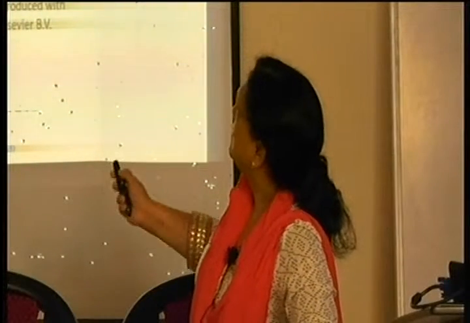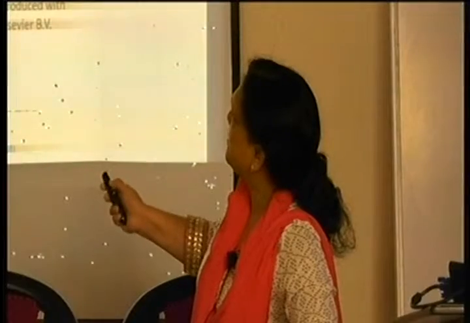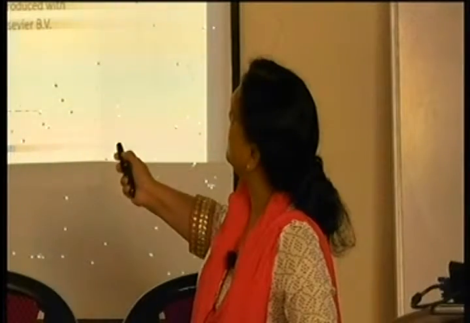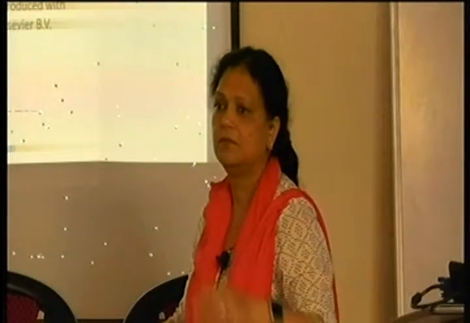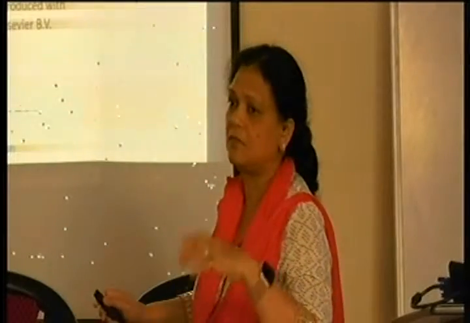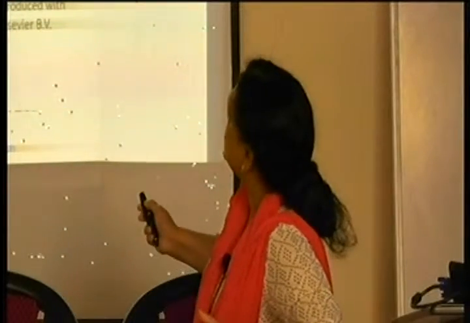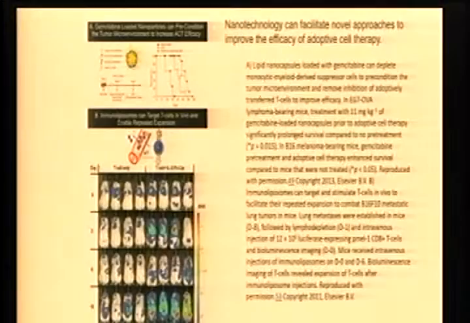So basically, they are using these lipid nanoparticles to deliver this drug, which will go there and kill these myeloid-derived suppressor cells. So they are preconditioning the tumor microenvironment and removing them, and now if you give the immune checkpoint inhibitor or some other therapy, it is going to be more successful.